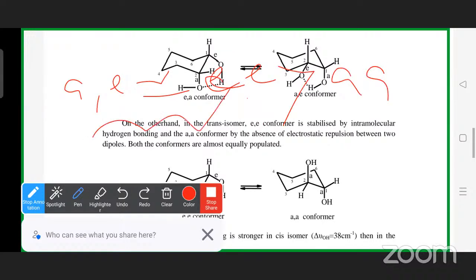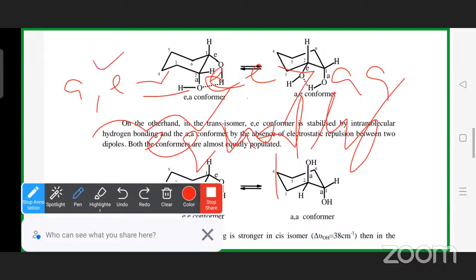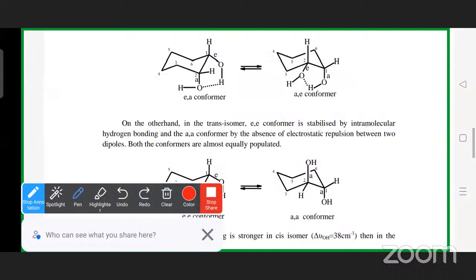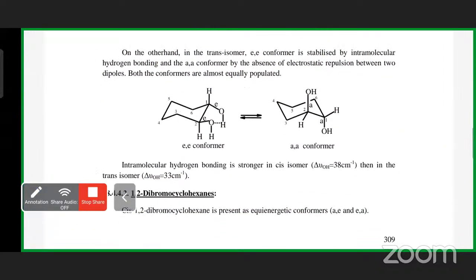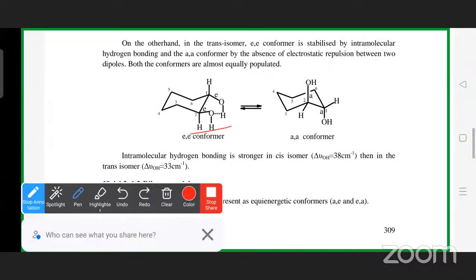Both are equally populated, right? Equally populated because of intramolecular hydrogen bonding, right? So generally this is more stable, but in the diequatorial also that hydrogen bonding interaction is there. You can see, right? So here you see this, right? So this is also more stable. Okay.